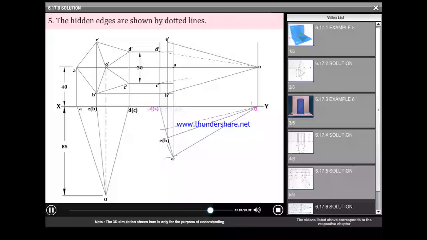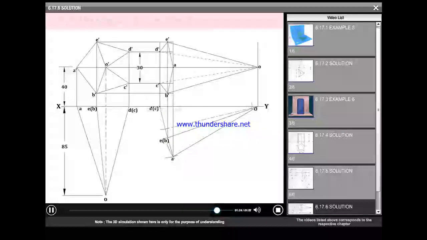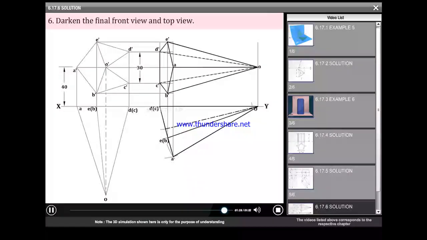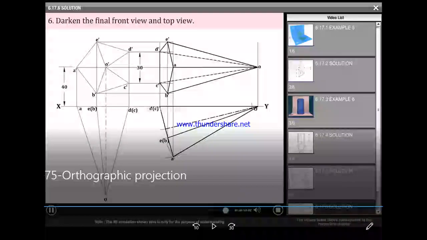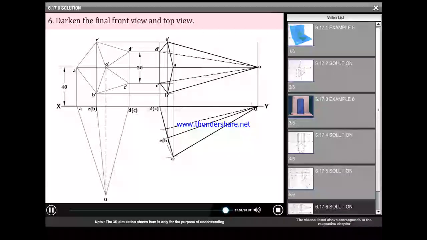The hidden edges are shown by dotted lines. Now darken the final front view and top view to complete the problem.